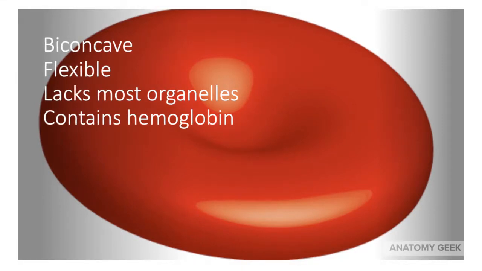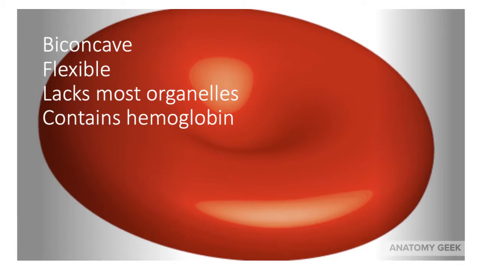The biconcave shape gives the erythrocyte a great surface area to volume ratio, which allows this cell to quickly load and unload lots of oxygen.